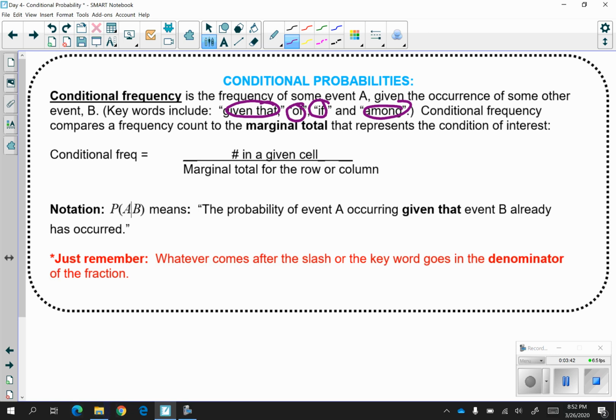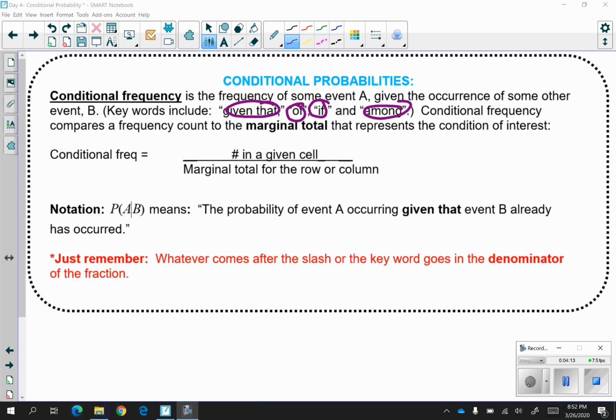So these are all keywords that are saying, hey, your total is not the overall total anymore. So our new fractions aren't going to be the cell over the overall total. Our new fractions are the number in a given cell over the marginal total for the row or the column. Just the total of a certain category.